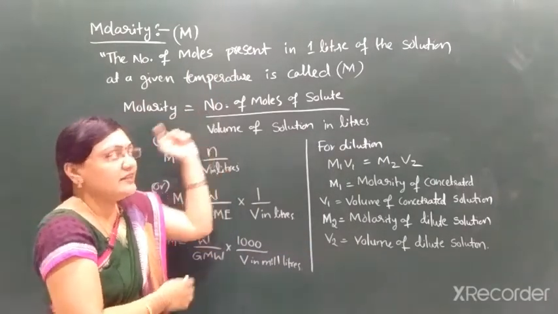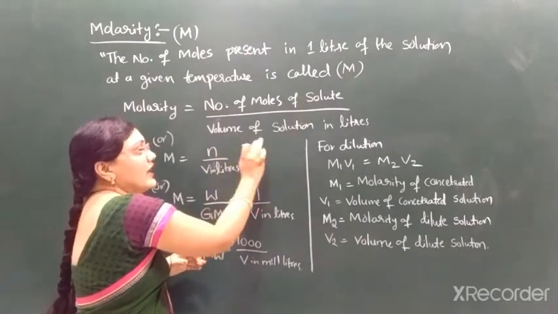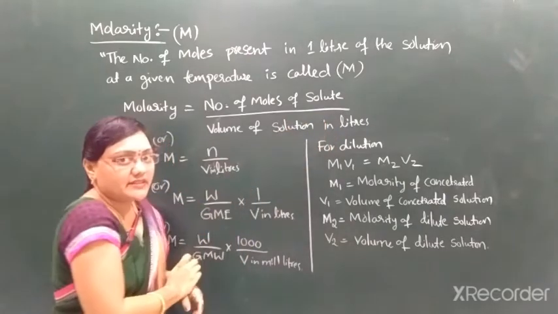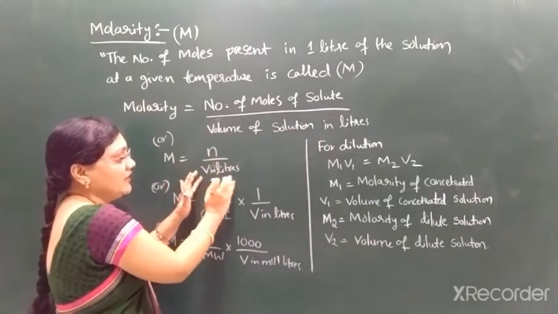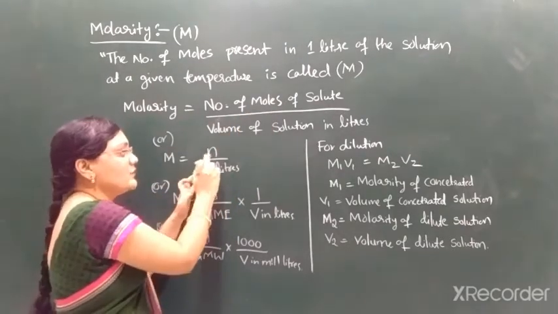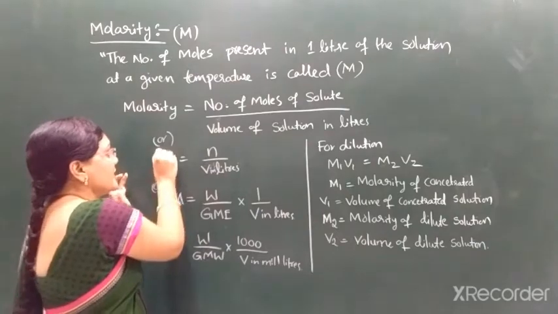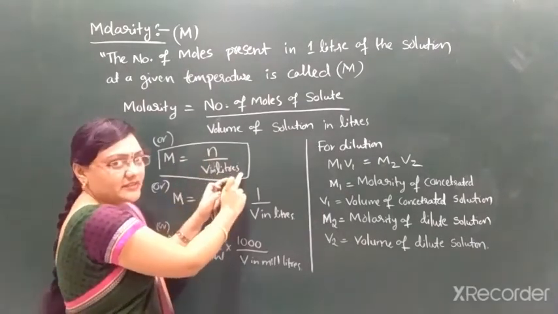So M equals n by V in liters, where the number of moles is generally denoted by small n.